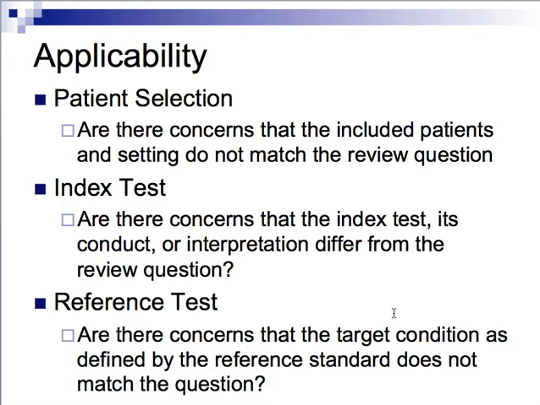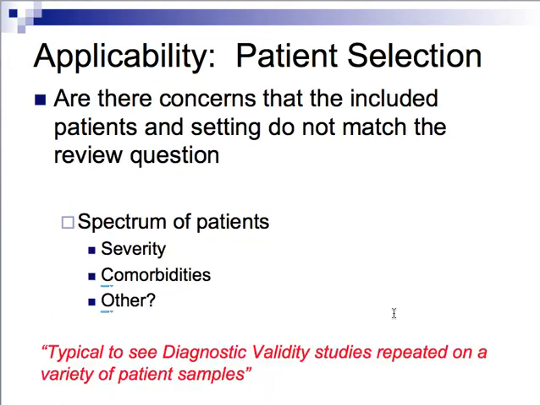This has to do with the third question of whether I can apply these results to my patients. Basically the QUADAS divides this into 3 areas: patient selection, concerns about the index test, and then concerns about the reference test. So let's see what their questions are and think about examples.